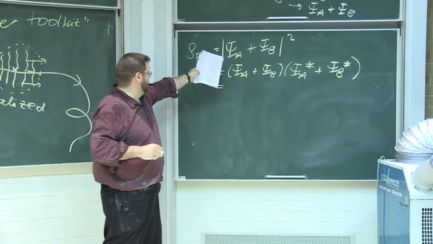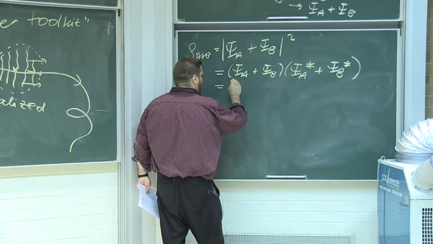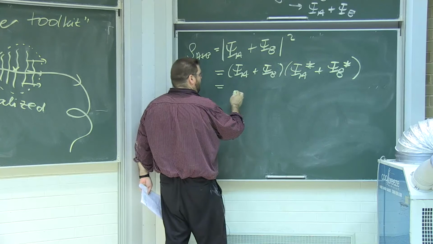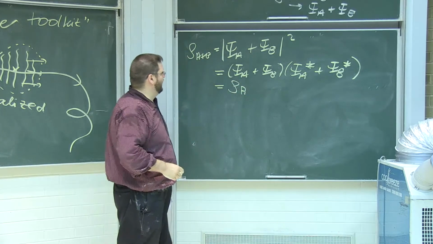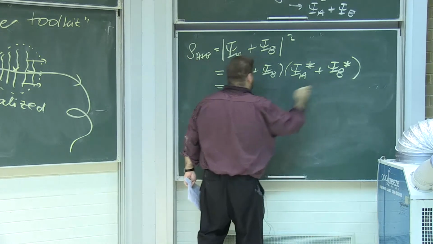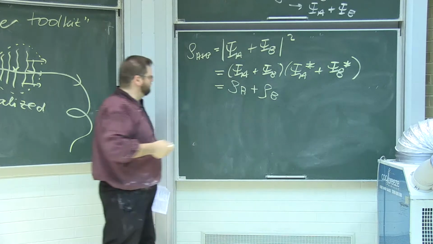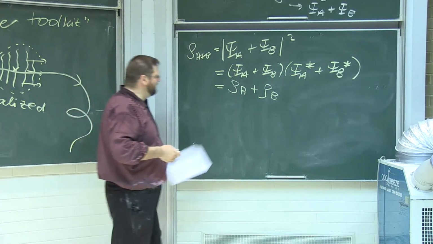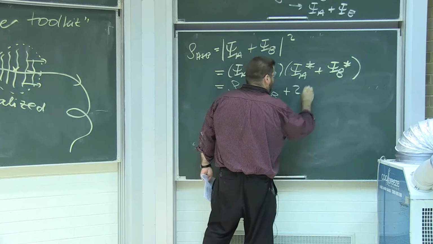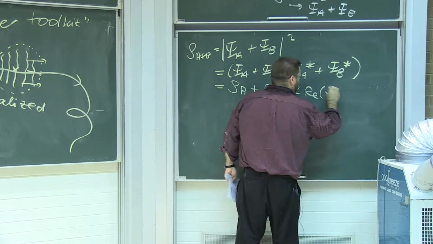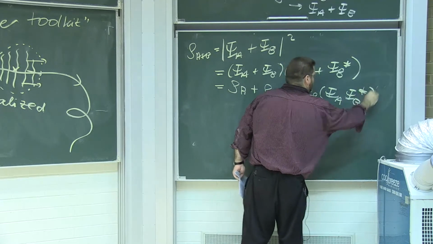So here's the probability density of a sum of wave functions. Psi A star psi A is the magnitude of psi A squared, which is the probability density of wave function A. Psi B star times psi B will be the magnitude of psi B squared, which is the probability density of wave function B. But then we get these cross terms, psi A psi B star plus psi B psi A star, which I can put together in this term here.